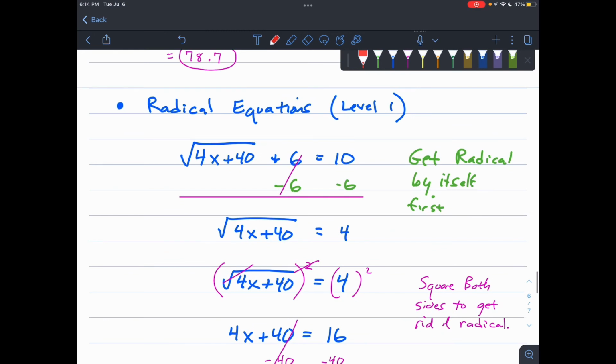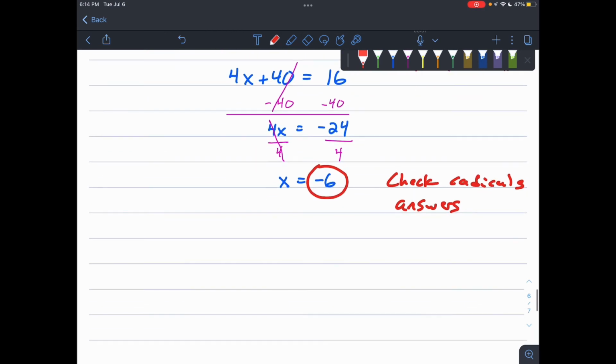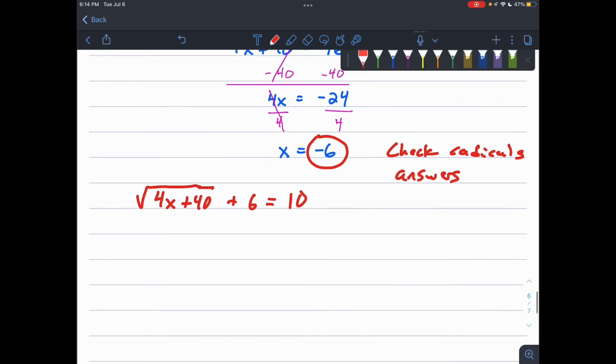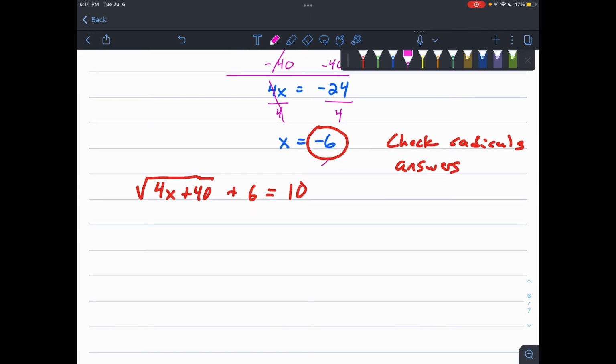-6 back into the original equation. So that square root of 4x plus 40 plus 6 equals 10. And we'll see if it works. Plugging that in for x.